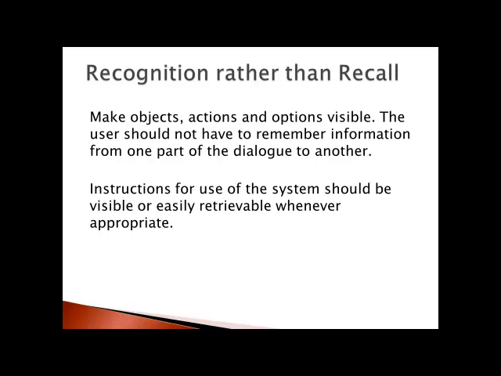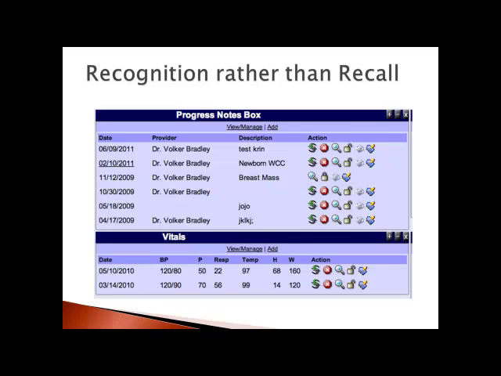Instructions for use of the system should also be visible whenever appropriate. So for example, when you're looking at this screen, again, we're struck by all of these icons where when you're looking at them, you have to remember, what does this up, down arrow do? What are all these buttons doing? These vital signs. What patient is this for? There's no indicator of their name. So if you get interrupted between patients or you're interrupted and you have to come back to the screen, do you know who you're looking at or what's going on here?